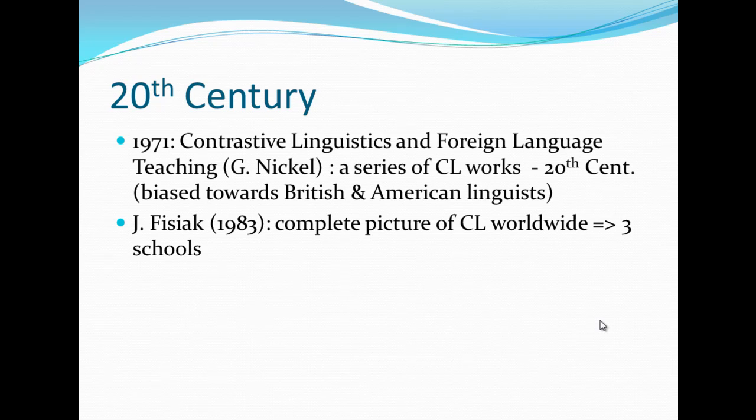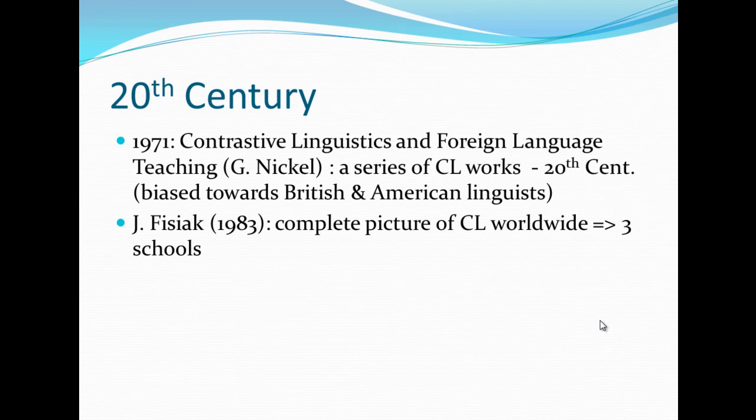And at that time, there was a strong need to study language pairs like English and French, English and German, English and Italian. The Soviet Union at that time also spent a vast amount of money on studying language pairs like Russian and Chinese, Russian and Vietnamese, Russian and Oriental languages in order to build translation machines.